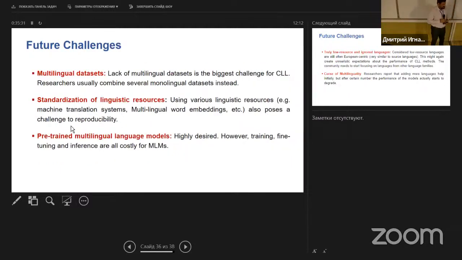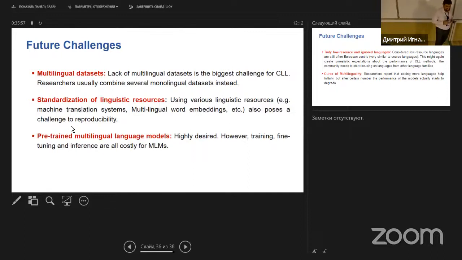Okay, so what are the future challenges related to these cross-lingual learning methodologies and multilingual text classification methodologies? The first one is multilingual data sets. These are rarely available. Usually researchers combine monolingual data sets to design a multilingual data set. They are really needed.